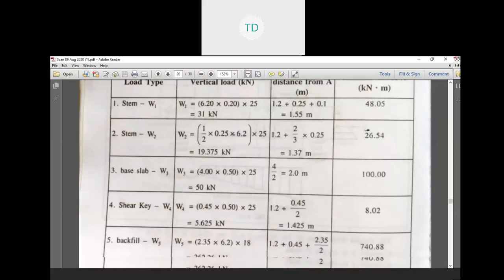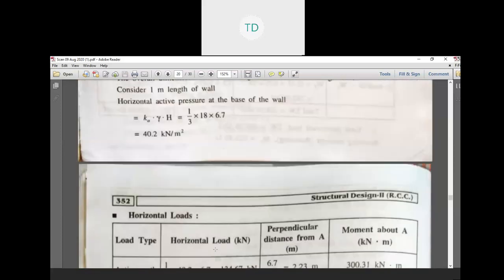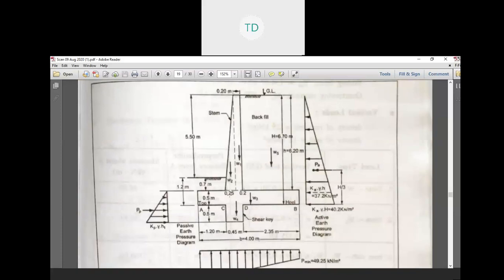Similarly for W2, W3, W4 and W5, but we are going to calculate all this while explaining from the figure. Now we talk about W2. The base is 0.25, height is 6.20 and the upper portion is 0. That's why, for a triangle, 1 half into 0.25 into 6.20 we get the vertical pressure.